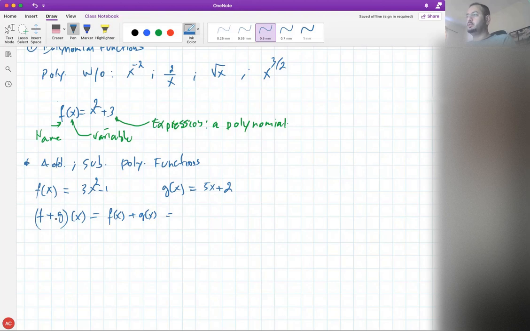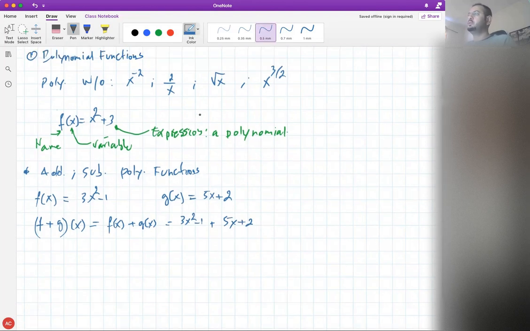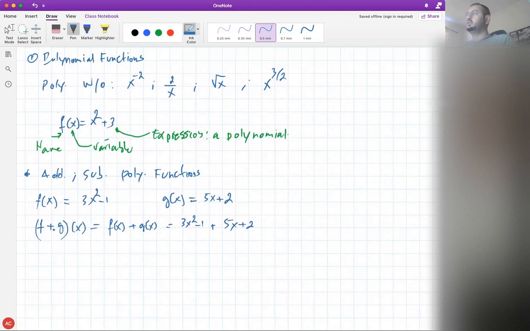Very simple. And to do that, we simply add the two functions. So we take f of x, which is this, and plus g of x, the other function, which is this one, 5x plus 2. So we've done this addition and subtraction over and over again with polynomials, with algebraic expressions. Same thing applies when we have functions.